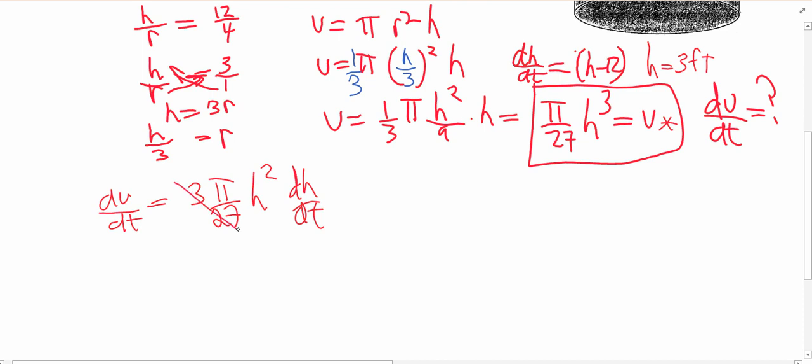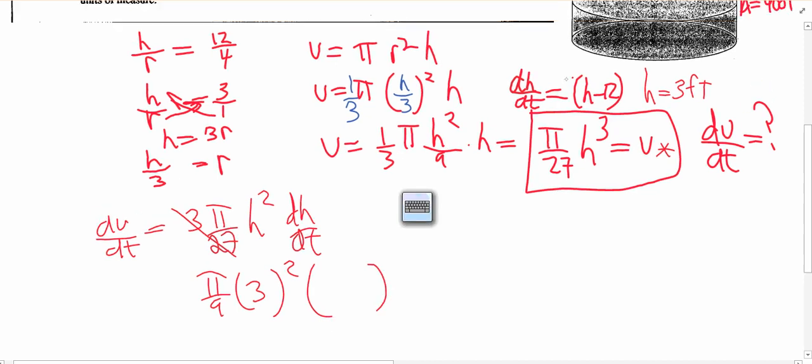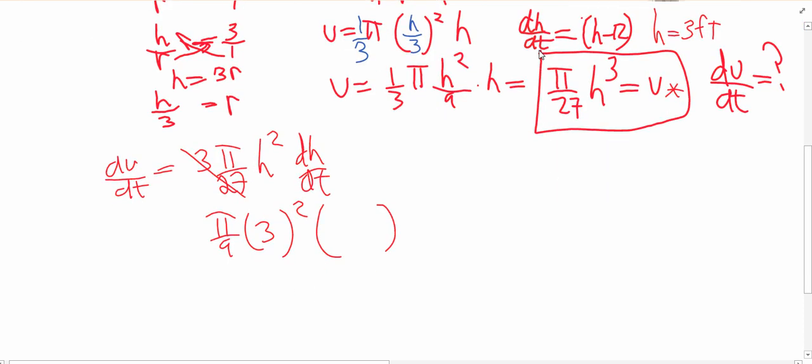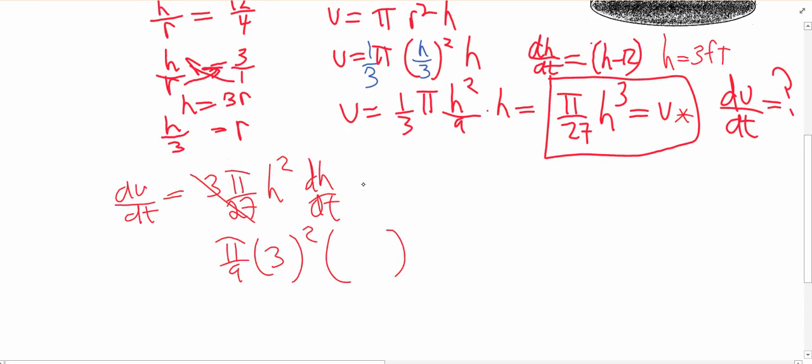So we have that 3 over 27 reduces to 1/9, right? So we have pi over 9, and when the height is equal to 3, and now times dh/dt, which is this guy right here, h minus 12. So 3 minus 12, that's from the given, right?